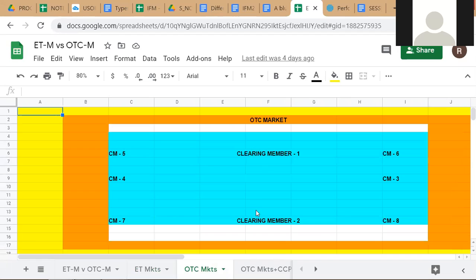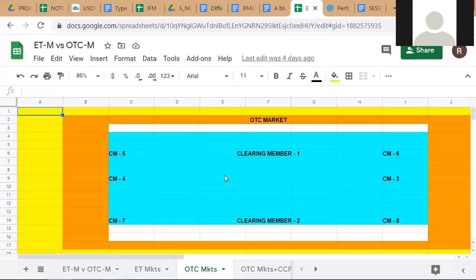I'm just calling each of these clearing members because they're kind of self-clearing for each other. So all these members are trading with each other, and there is no intermediary that is managing their credit risk. They're managing it themselves. This is the classical situation of how OTC markets have historically and traditionally operated.